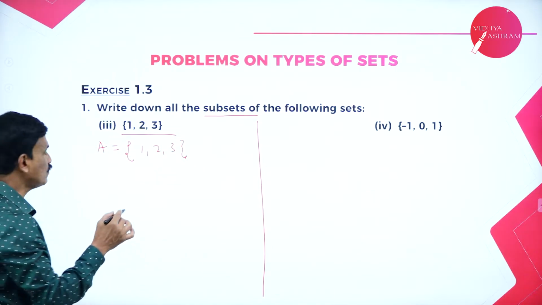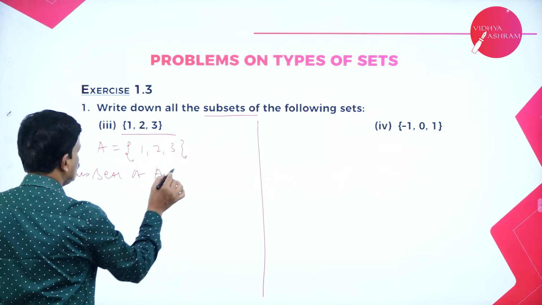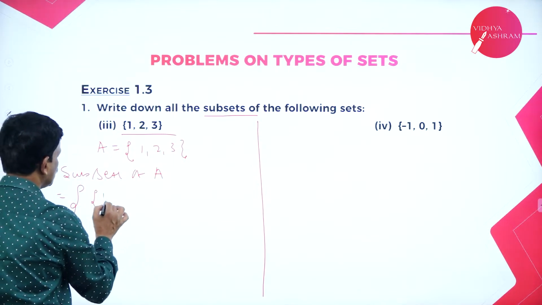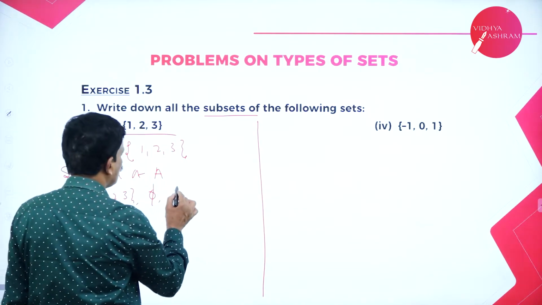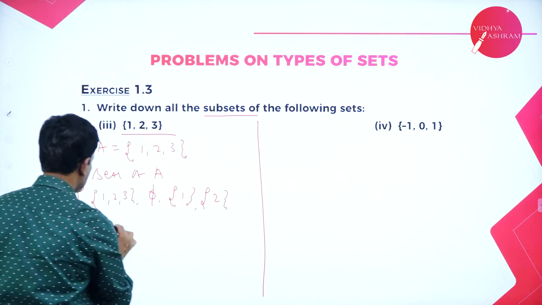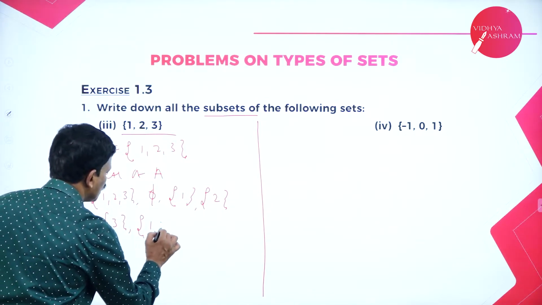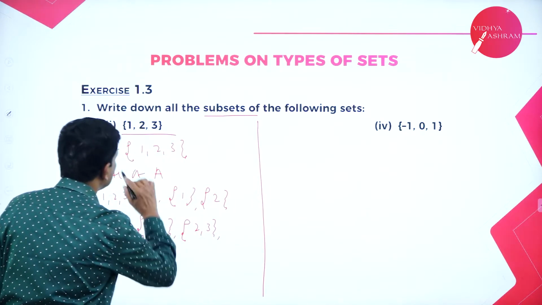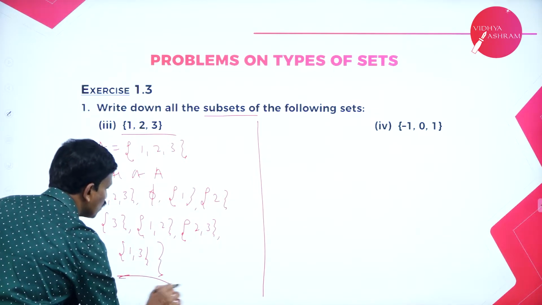Now let us write all the subsets of A. First itself is the set, the given set, then the null set and one element, first element 1, then 2, second element, then 3, then first two elements 1 comma 2, then 2 comma 3, then 1 comma 3. So these are all the subsets of the set.